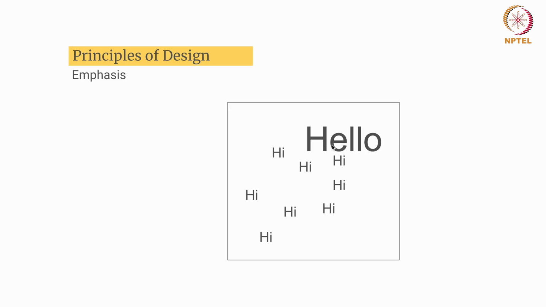But you can see the repetition of hi in a different arrangement. Because of such an arrangement, there is a gradual flow towards the overall word hello. So here the emphasis is towards the word hello within this square. And this is happening because of the repetitive elements, which are gradually arranged in such a way that the word hello is emphasized by the end.